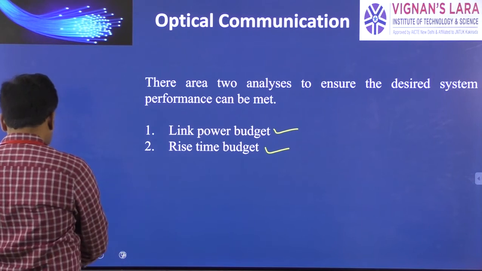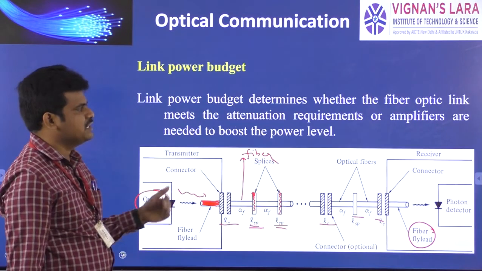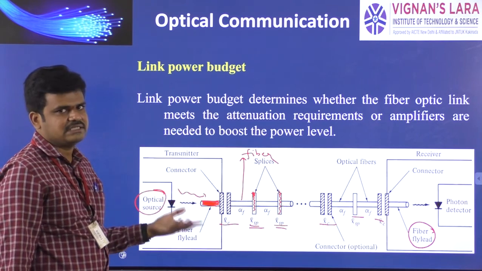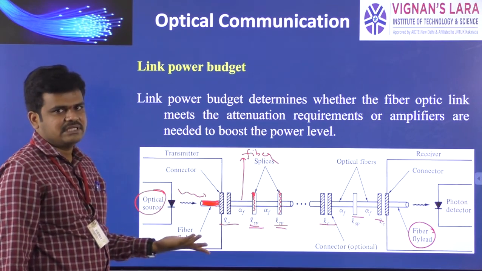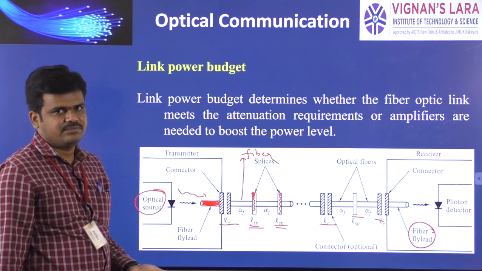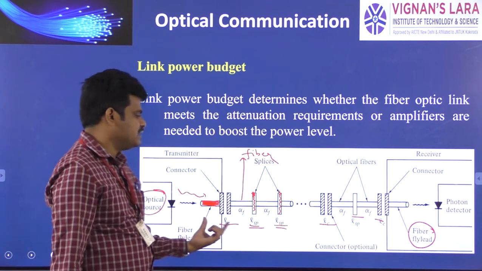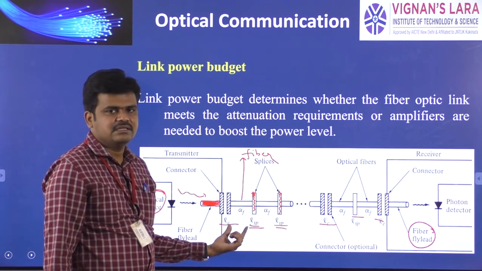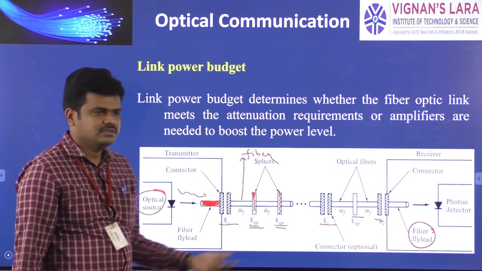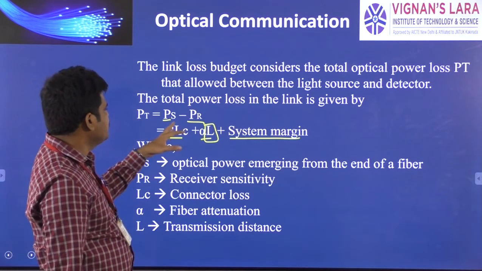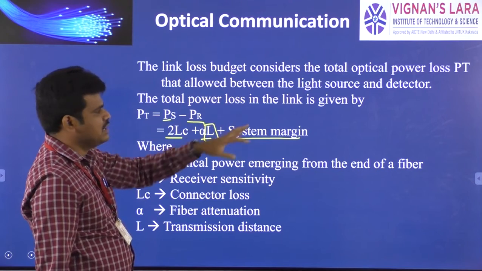What is link power budget? Link power budget is used to determine whether the fiber optic link meets the attenuation requirement or amplifiers are required to boost up the voltage level received at the end of the receiver. For which we are calculating the power loss at each and every connector, and the total power loss in the link.